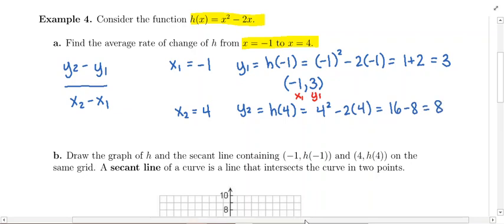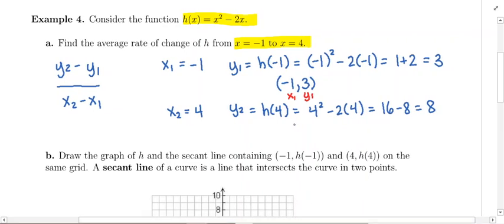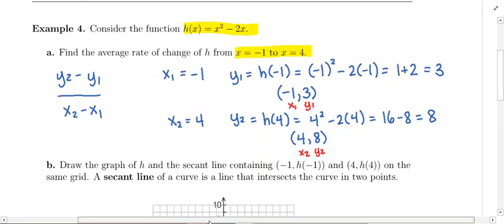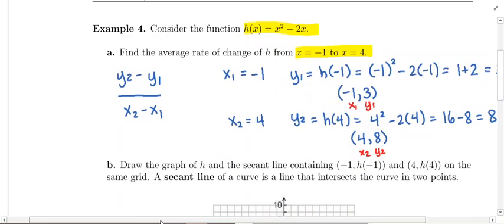So this gives us another ordered pair. This time, if x is 4, then the output is 8. So this is going to be our x2 and our y2. First point, second point. Now I've run out of room. I've got to compute the average rate of change, which is just the slope formula.